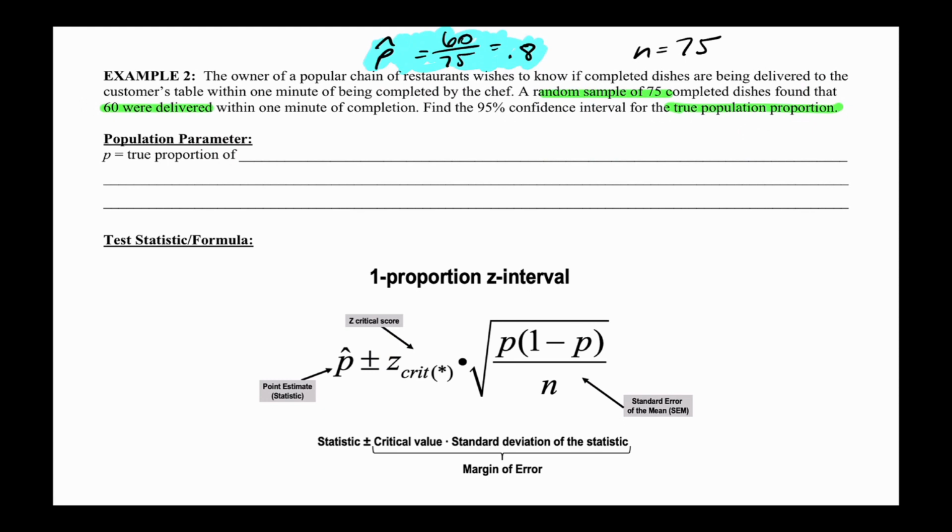Who would the true proportion represent? The true proportion of all dishes delivered within 1 minute of completion.